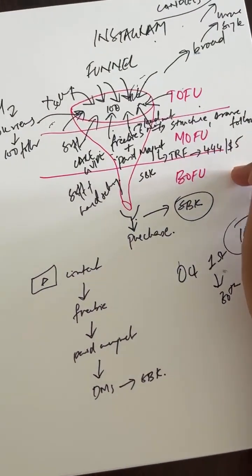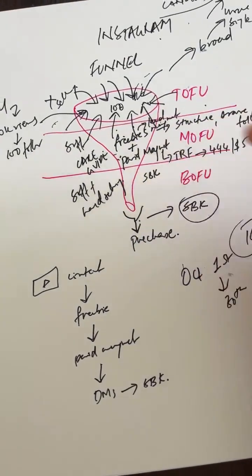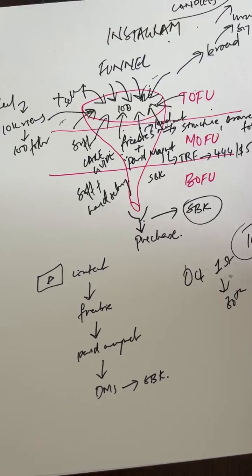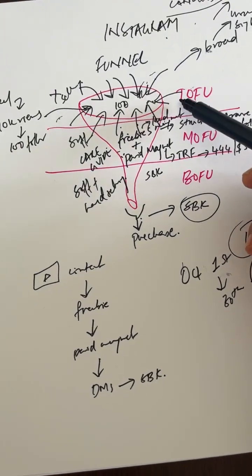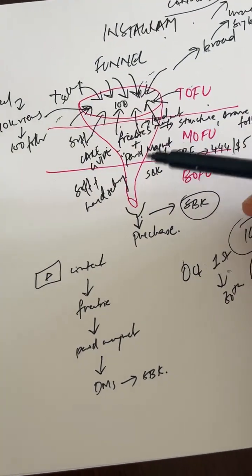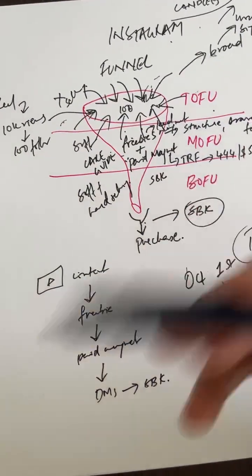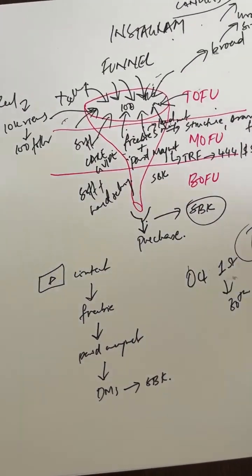So it's actually very important that your Instagram has a mix of these 3. And it should go up consistently. It's not like today you post TOFU and then a month later you post another TOFU content. No, it has to go up consistently, as in frequently.